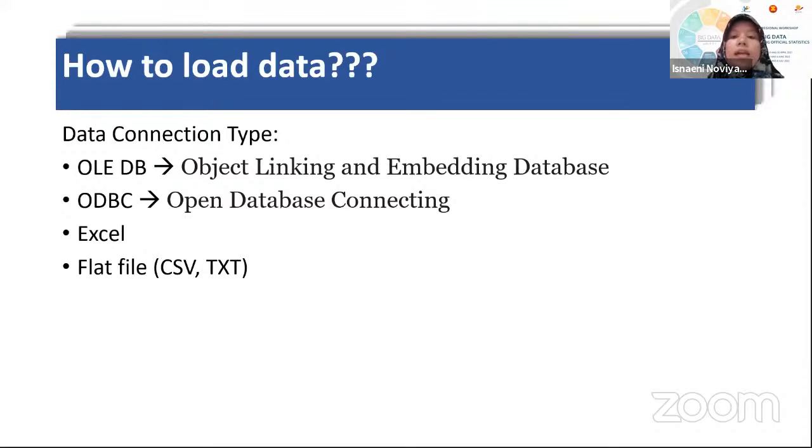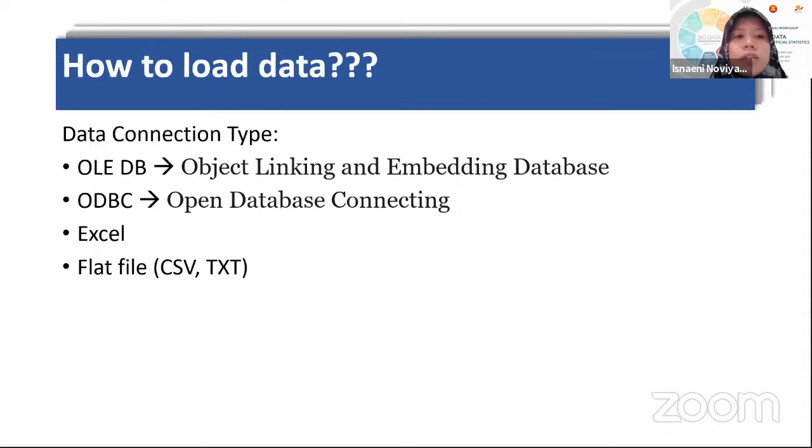To load the data, we need to know what kind of connection type will be used. So the data connection type relates to a data source and destination. Your data sources can be in the form of an RDBMS, Relational Database Management System, or a flat file. RDBMS types include MySQL, PostgreSQL, DB2, Oracle, Microsoft SQL Server, which we have already installed, and many more.